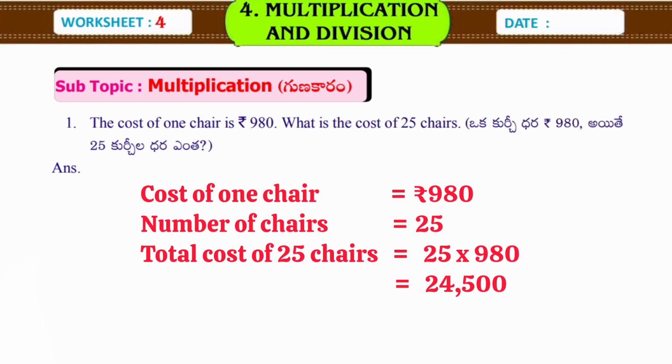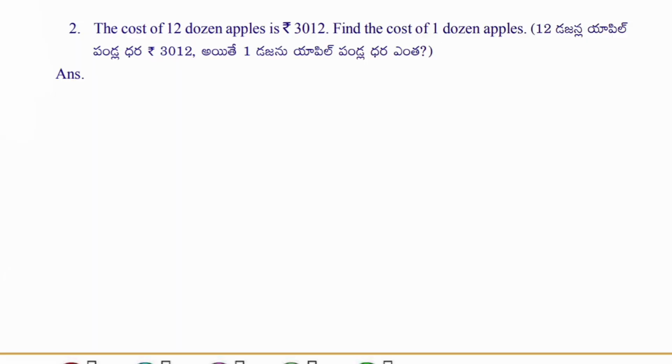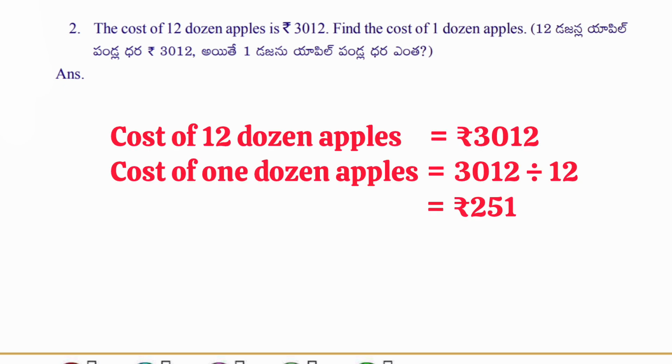Okay. Let's move on to the second question, which is, the cost of 12 dozen apples is rupees 3012. Find the cost of 1 dozen apples. Okay, let's see the solution. Cost of 12 dozen apples is equal to 3012. Then cost of 1 dozen apples is equal to, we have to divide it by 12, so that we'll get 1 dozen apples.